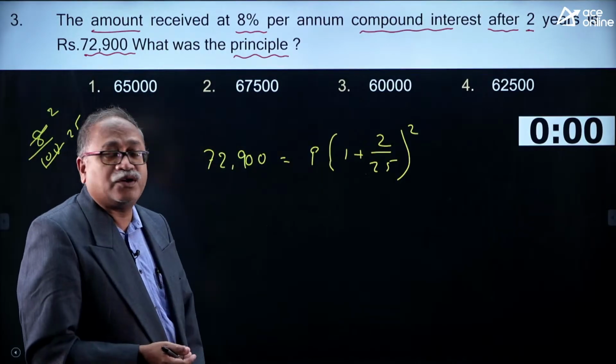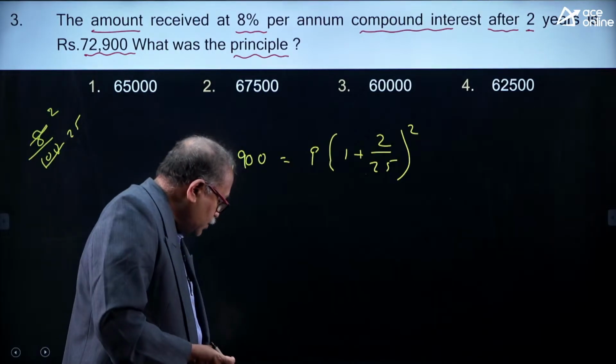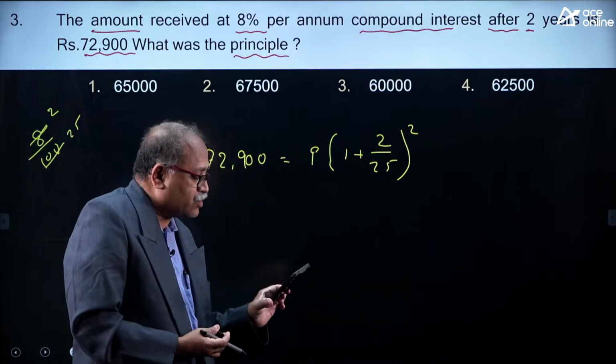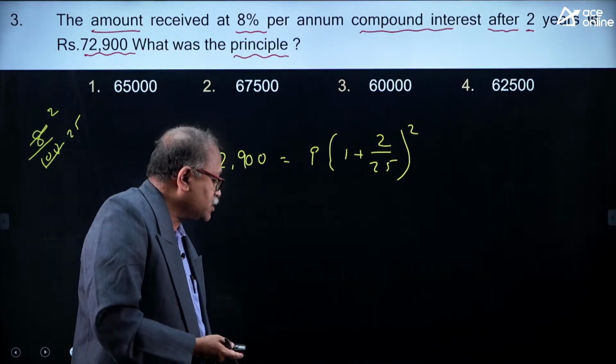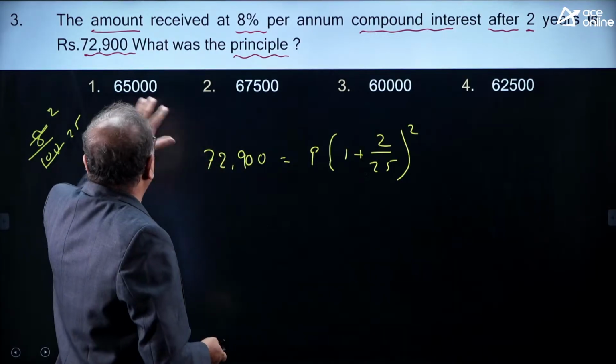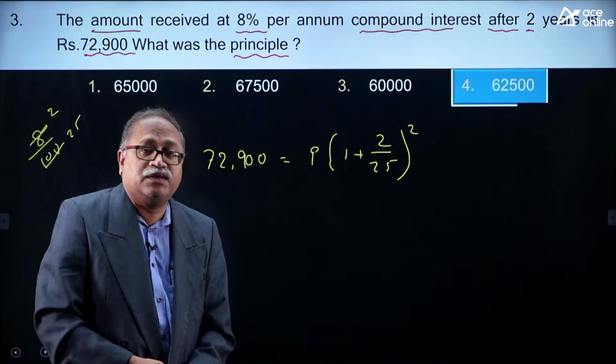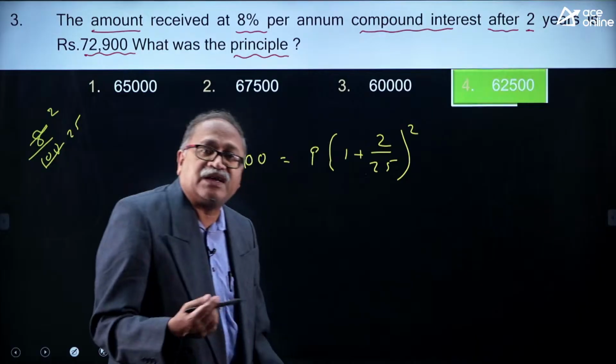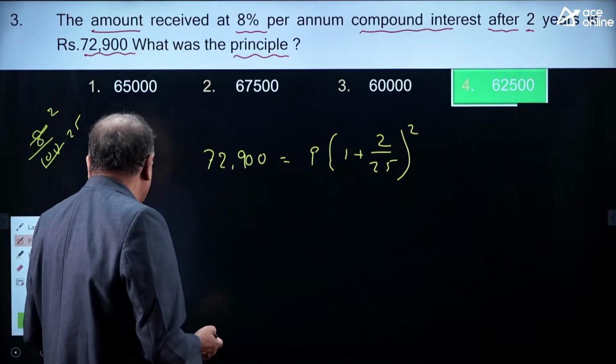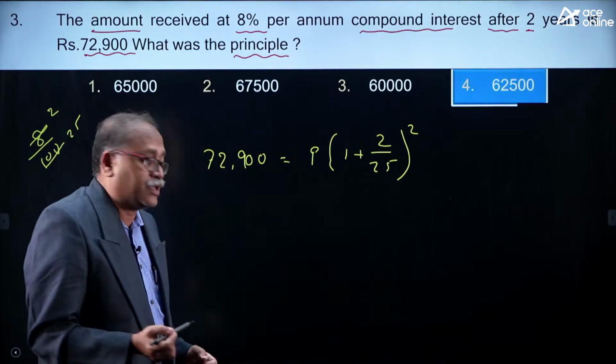So what should I do? 30 seconds is over. Anyone answer the question? Let me see whether Pandu is right or not. 62,500, option 4. Oh, that's right, Mr. Pandu. So it's a practice, revision, right? For you it's revision because you know all the things.